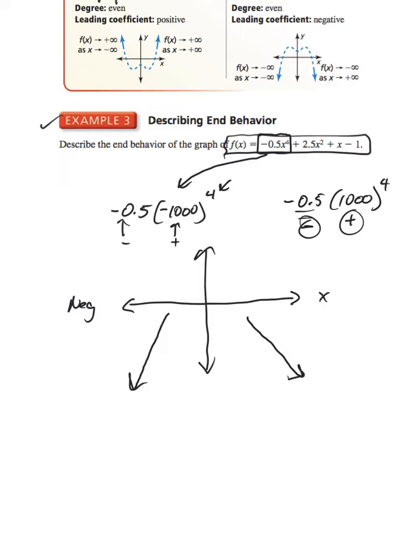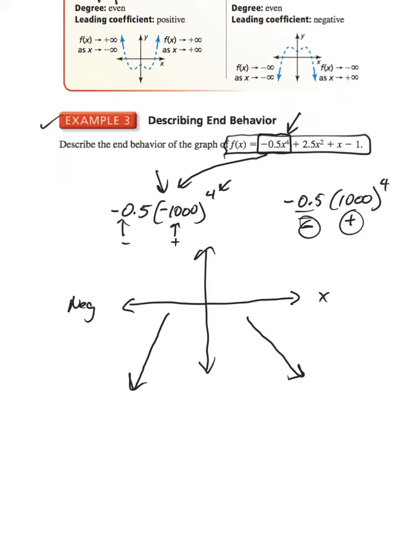We can plug in or consider what happens as we move to the right toward increasingly large values of x, or to the left by plugging in very large negative values of x, to see what's going to happen to the graph. Later on, after you've done enough of these, you will not need to plug in a big number. You'll be able to determine it rather quickly just by sight.